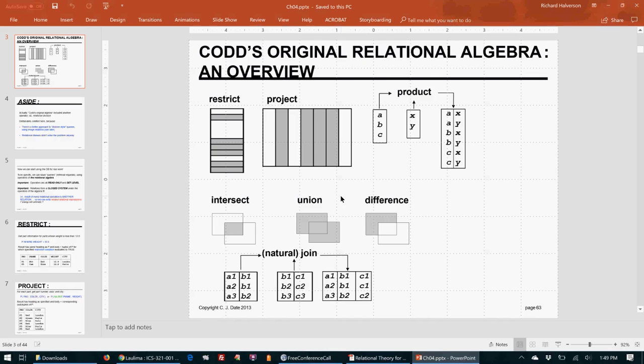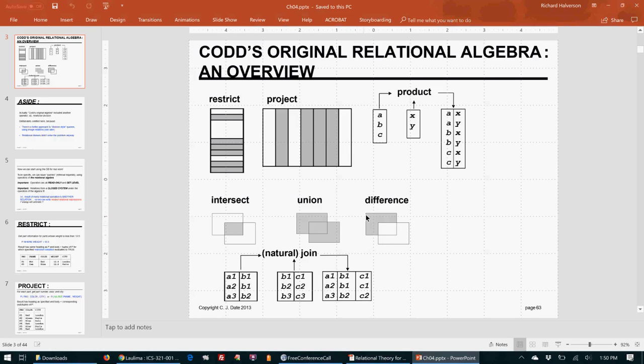If you take all the tuples that are in either, then that's what union is. And difference is when you take the ones in common in both, just like intersection, except you remove those tuples from the first operand, and that gives the difference.